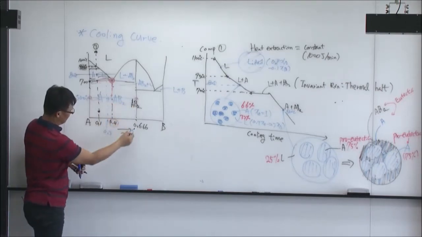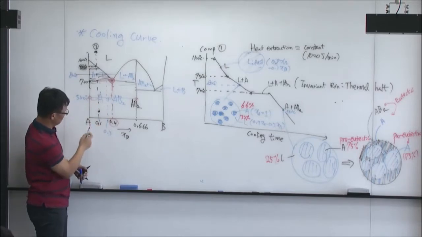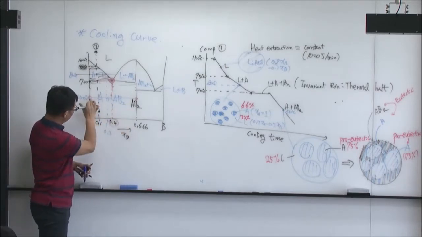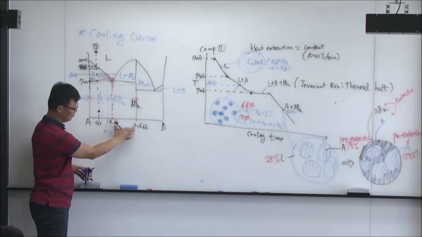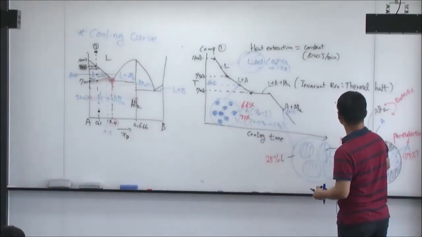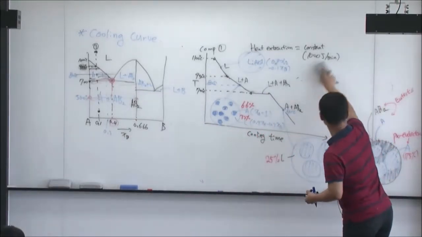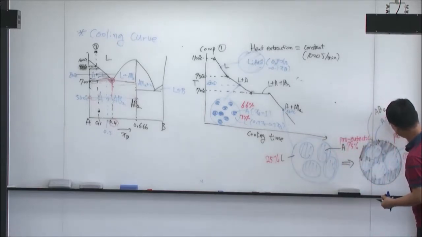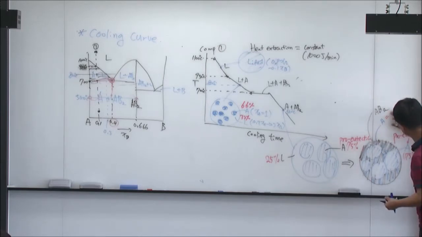And then you start to have A and then AB2, yeah? So the amount of the A is this minus this divided by the entire length, yeah? So it's very complex here. The amount of A is originally 25%.